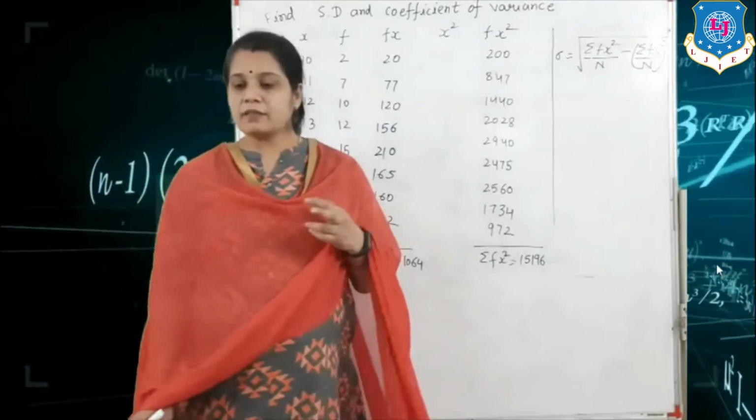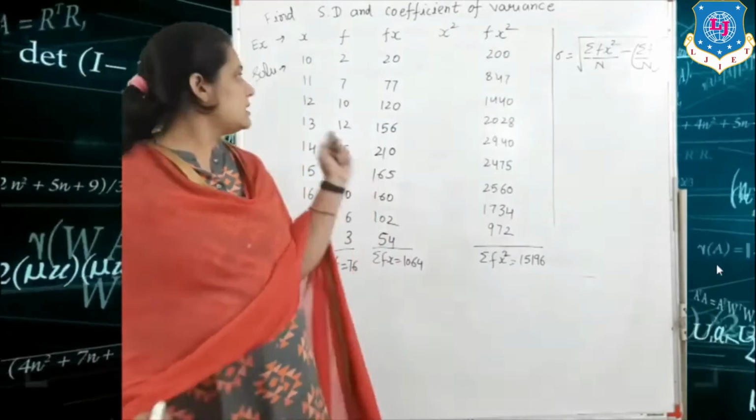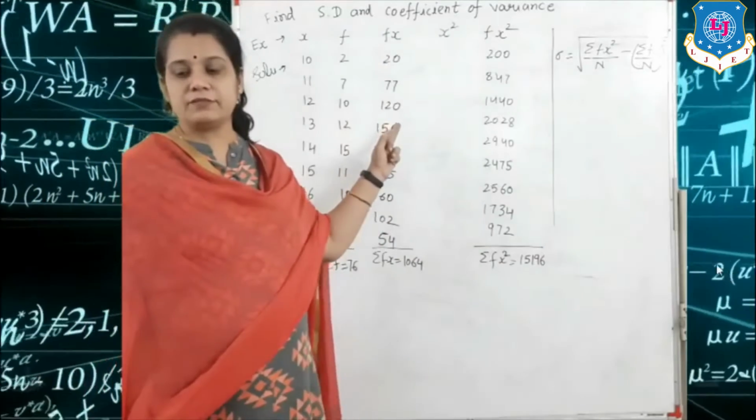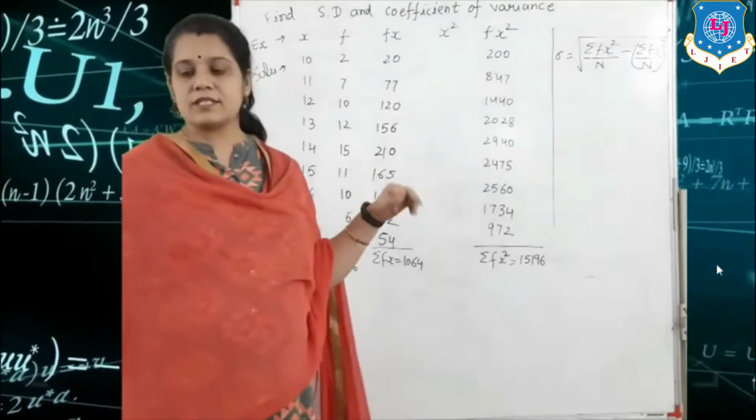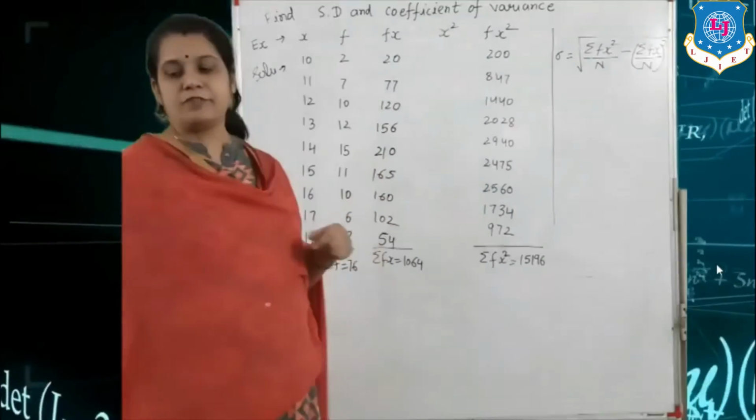So first we make the column of fx: 20, 77, 120, 156, 210, 165, 160, 102 and 54.